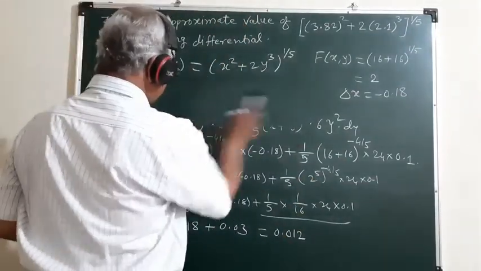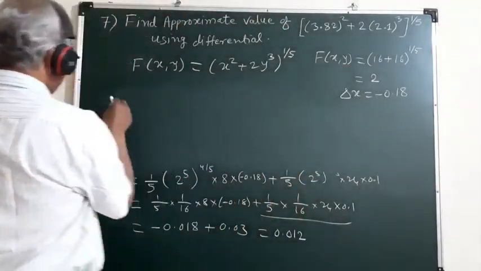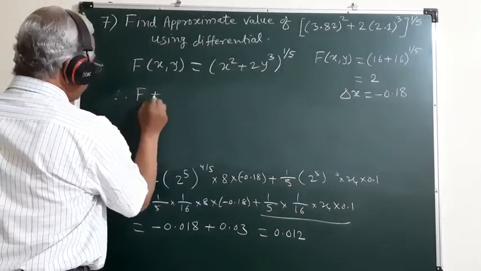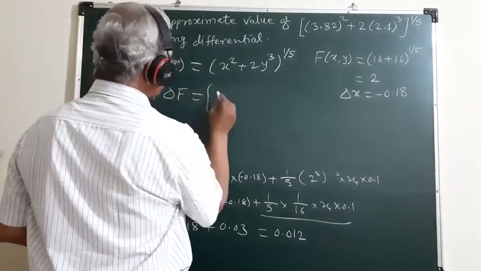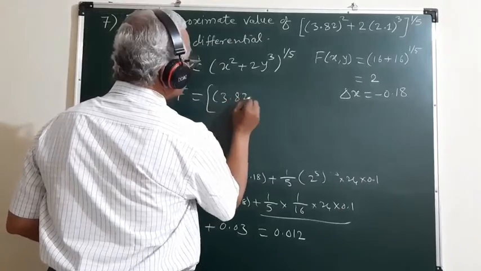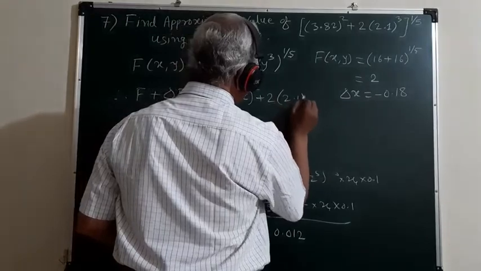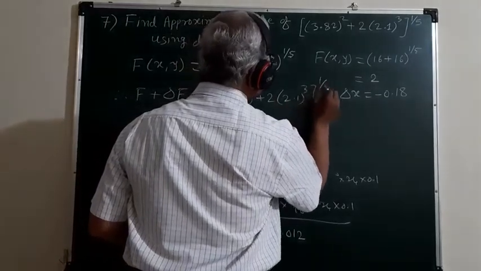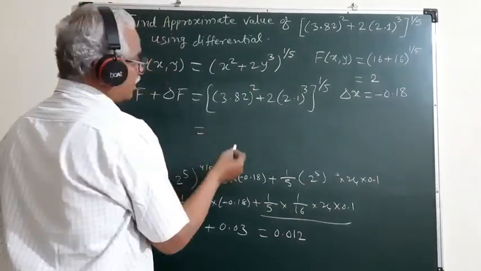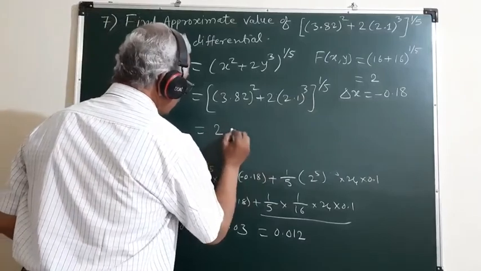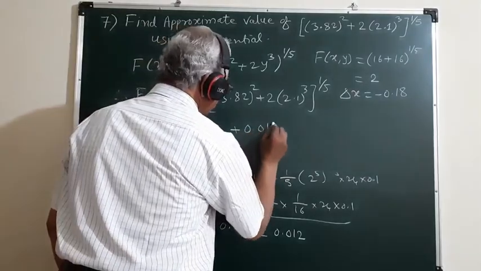Therefore, f plus delta f, which is nothing but the given expression 3.82 bracket square plus 2 into 2.1 bracket cube whole raised to 1 by 5, is equal to f is 2 and delta f is 0.012.